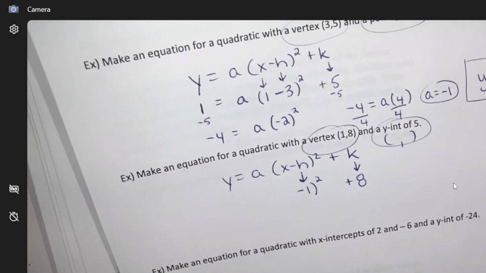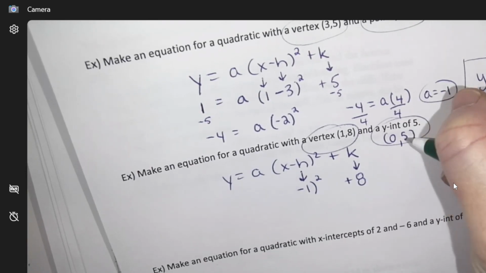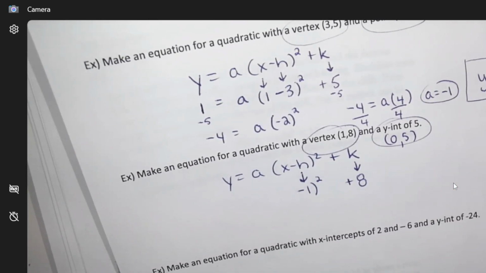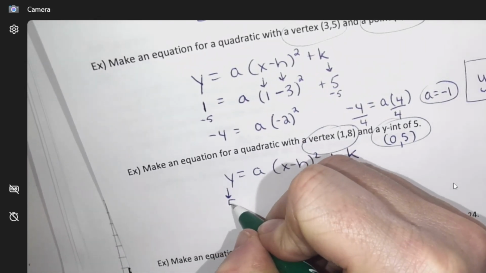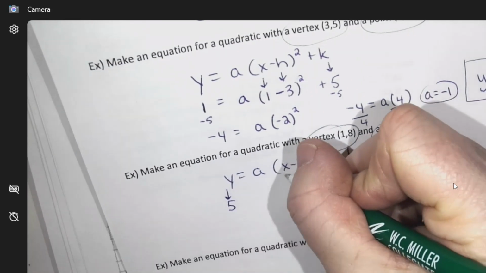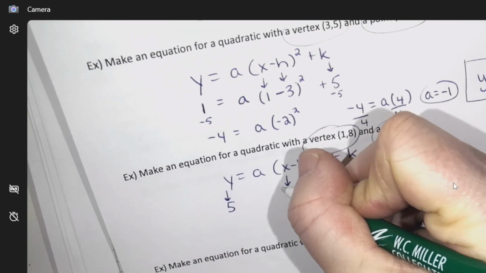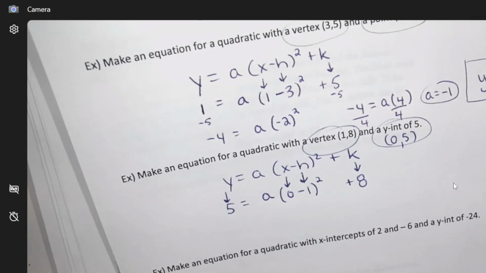How do you know it's a y-intercept? 0, 5, right? You're going to be replacing y with a 5, and you're going to replace x with a 0. And you're going to figure out your slope.